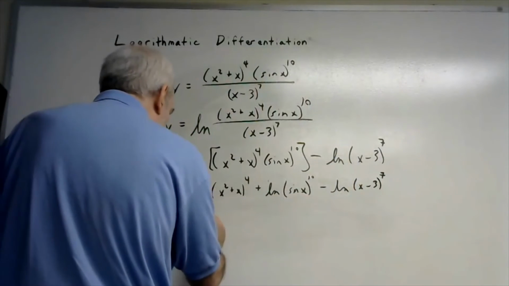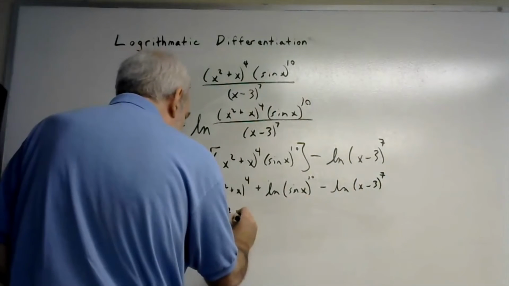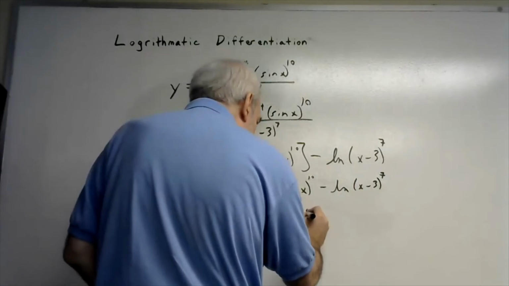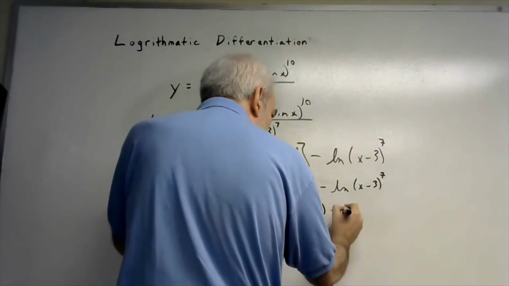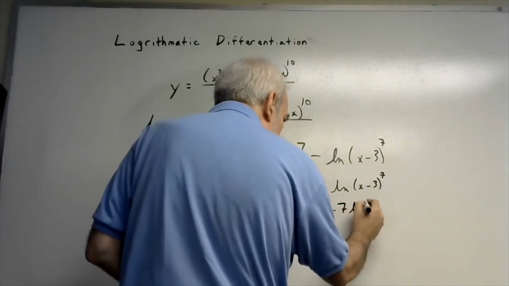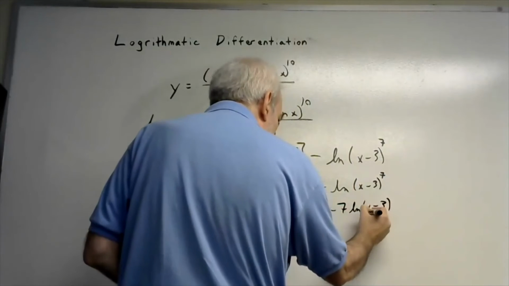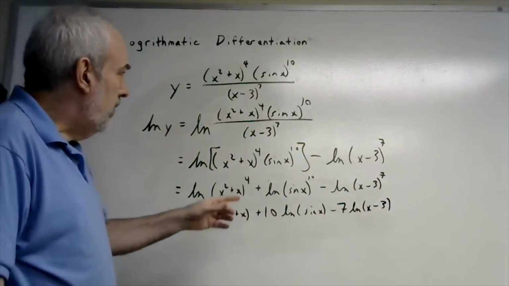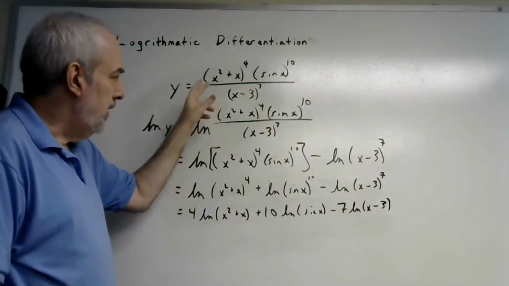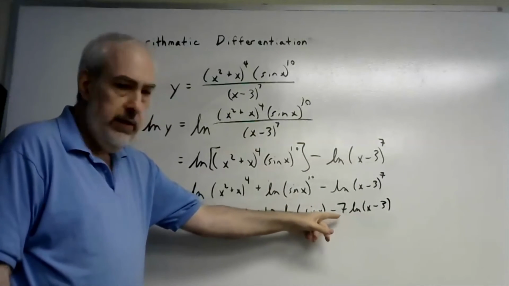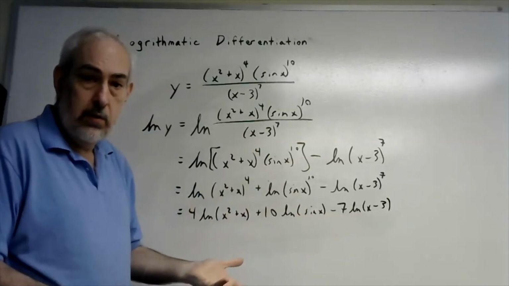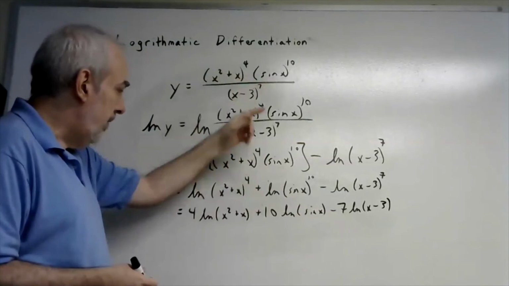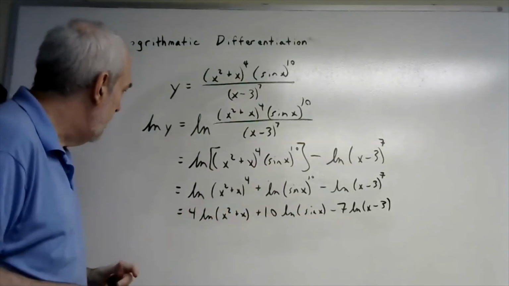So this is going to be 4 times ln of x squared plus x plus 10 times ln of sine of x minus 7 times ln of x minus 3. Now notice that the term that came from the denominator has a negative in front. It's sort of like a negative power. Things in the denominator are like negative powers, and these came from the top and they're positive powers.